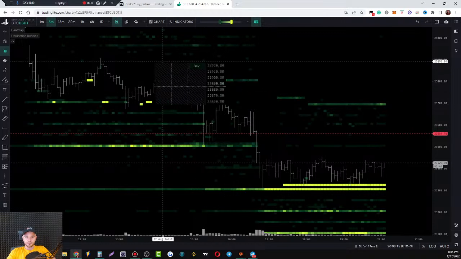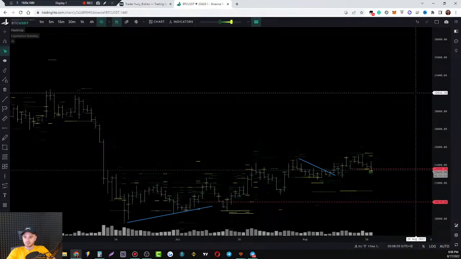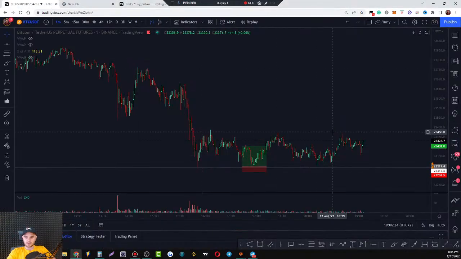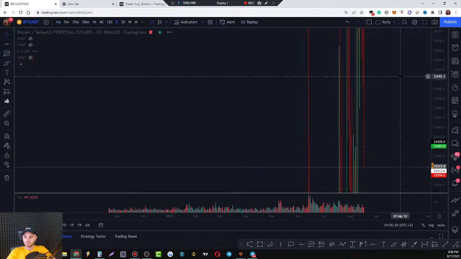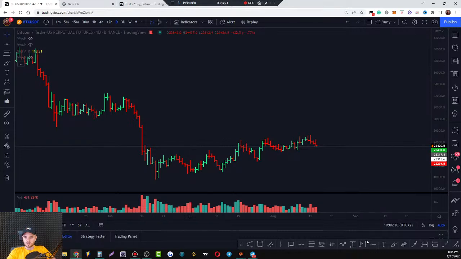About BTC. BTC at this moment is in this channel. Let me open this on TradingView. If you open the daily chart, BTC is in the middle of this channel. And your question is better put as: will BTC break down this channel or not?